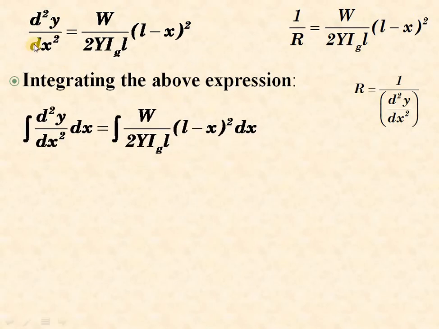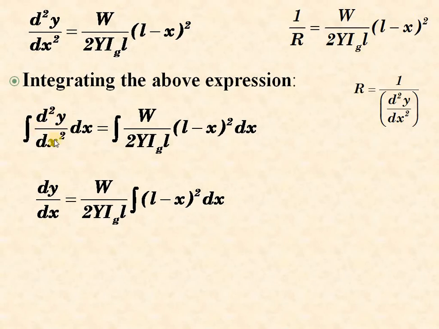When you integrate this expression with respect to x, one of the degrees will be reduced. So we will get dy by dx. On the other side, these all are constants: W, Y, I_g, L. We can take them outside, and inside we will have simply (L minus X) square into dx.